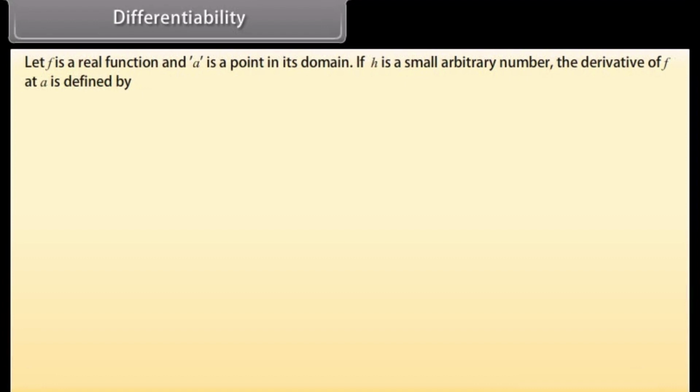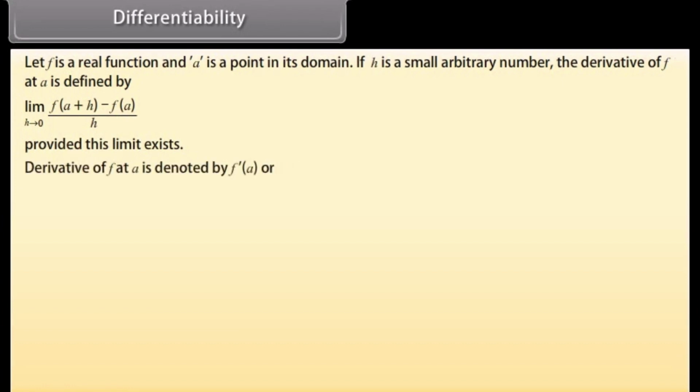Differentiability. Let f be a real function and a be a point in its domain. If h is a small arbitrary number, the derivative of f at a is defined by limit h approaches 0 of (f(a plus h) minus f(a)) divided by h, provided this limit exists.